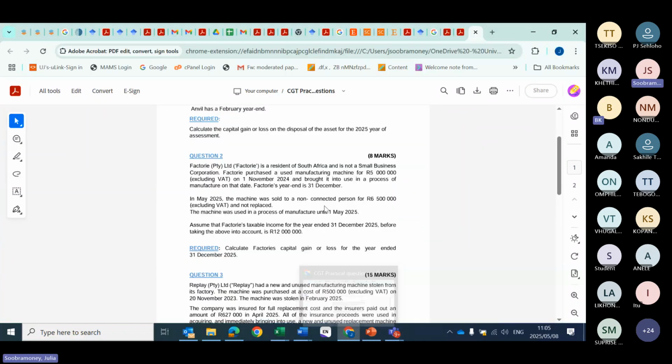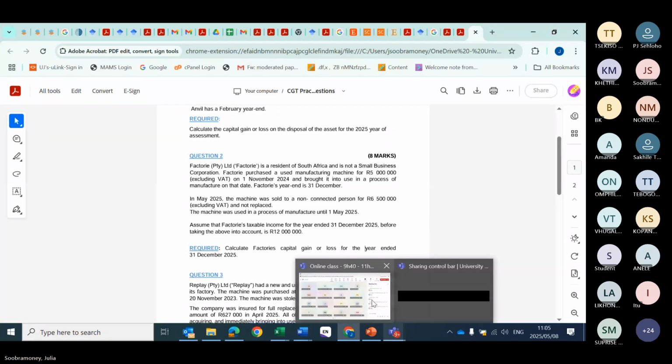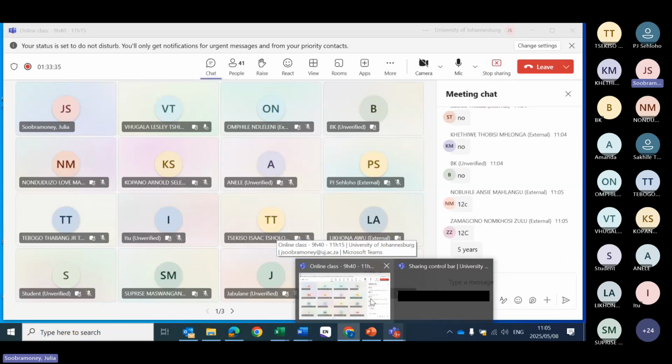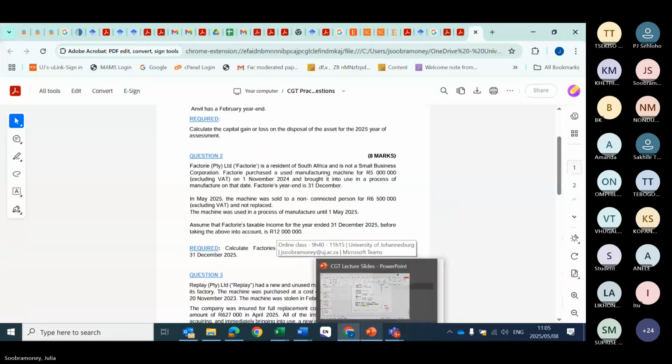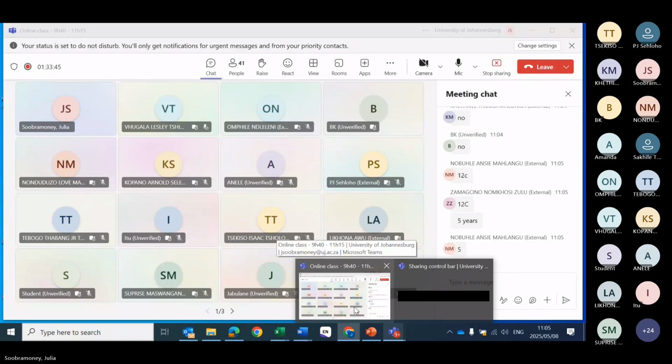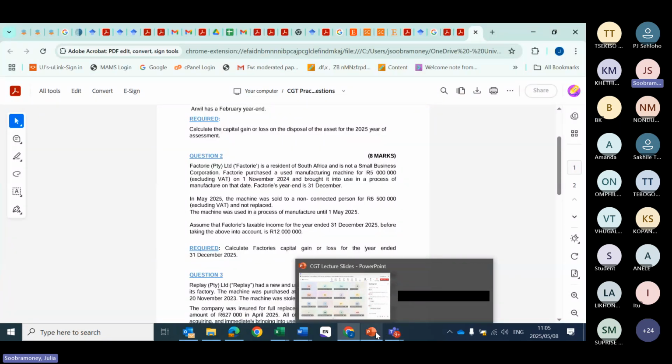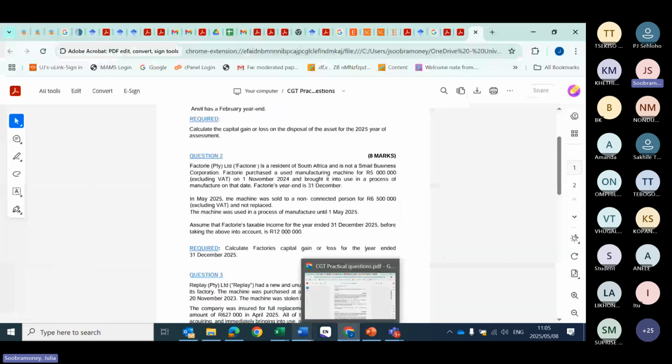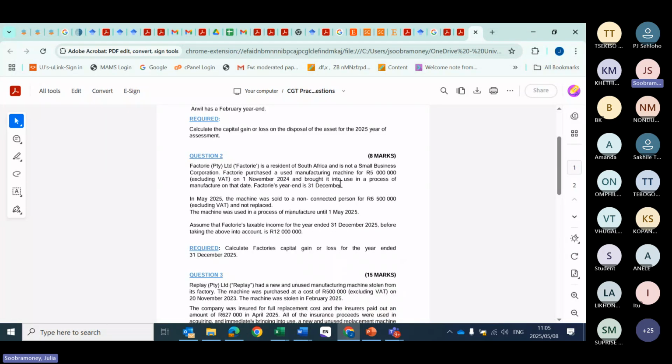Are you going to write it off over 5 years or 4 years? 5 years. Why? Why 5 years? Because it's secondhand, right? Okay, secondhand. Well done. Because it's secondhand, we'll write it off over 5 years.